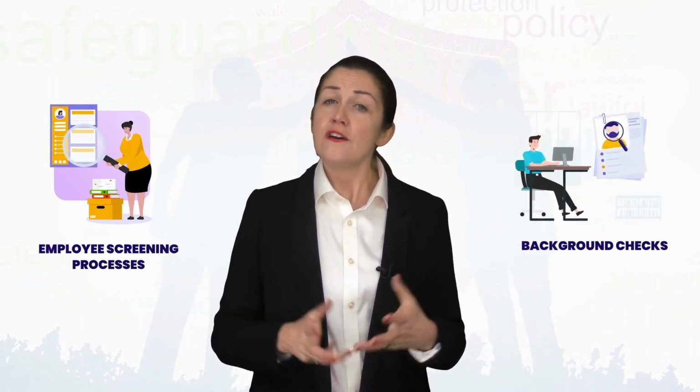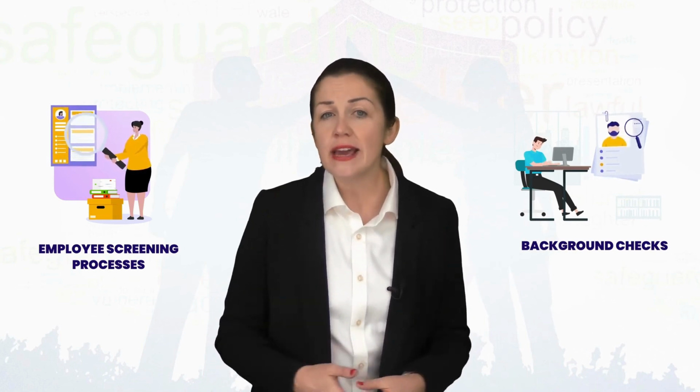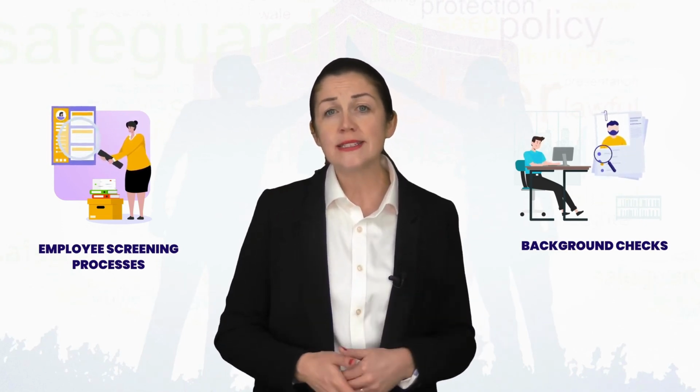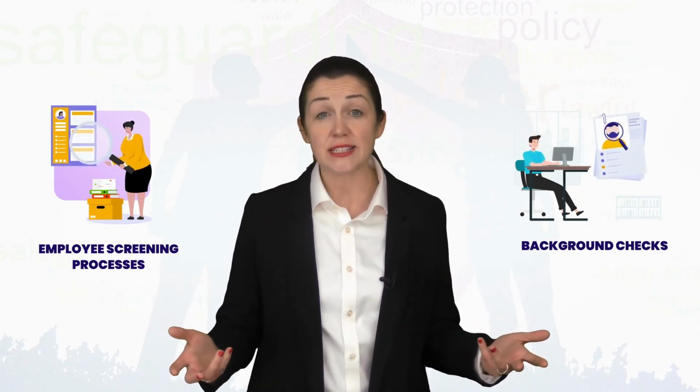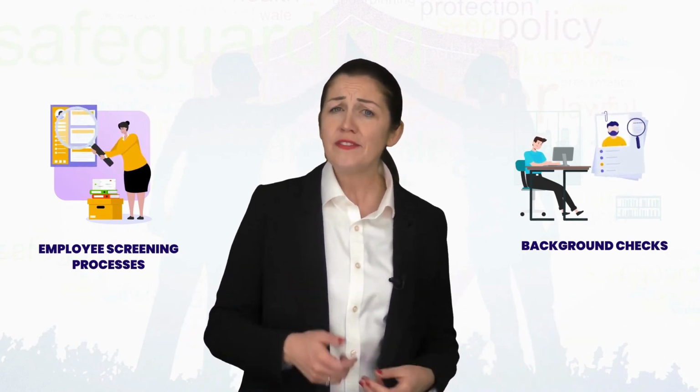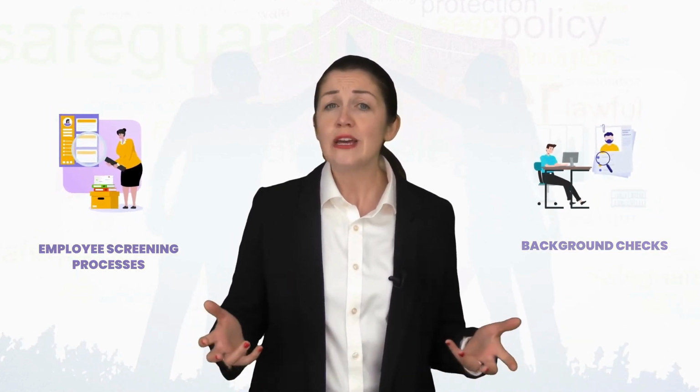Some of these safeguarding policies principles depend on employee screening processes and background checks. For instance, it would be entirely inappropriate for a person to gain a role as a teaching assistant in a primary school if they had a criminal record that included child abuse cases.